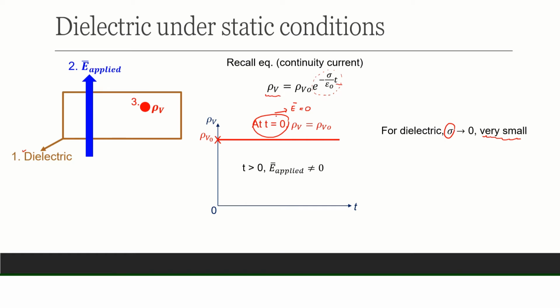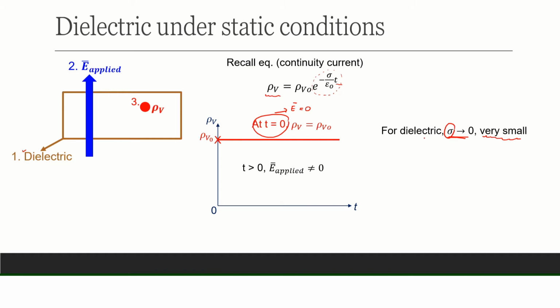So it means that our dielectric medium by right is not a good conductor. So we assume that this sigma value is very small, near to zero, because it is a very bad conductor. We assume that the conductivity value, which is the sigma, will be very near to zero.